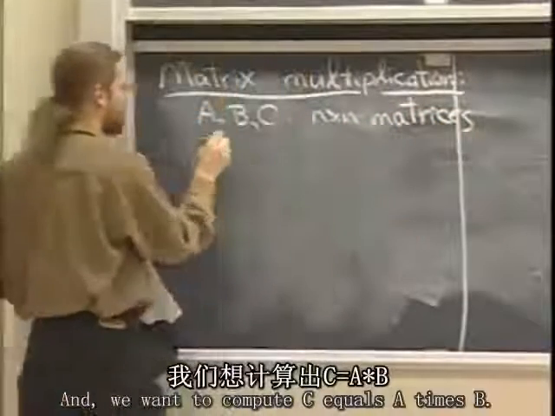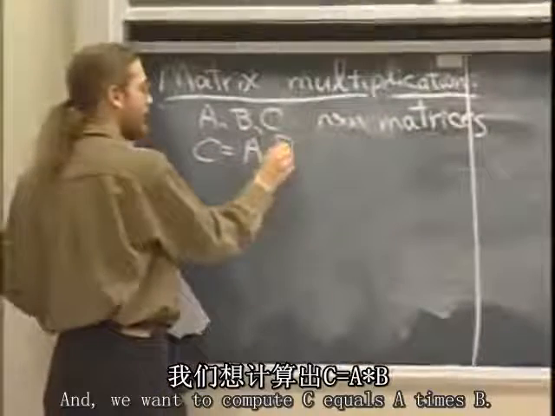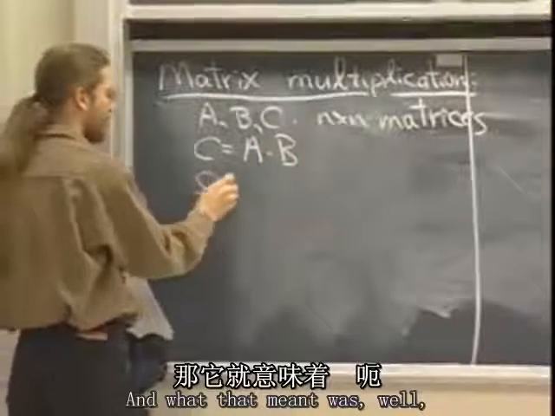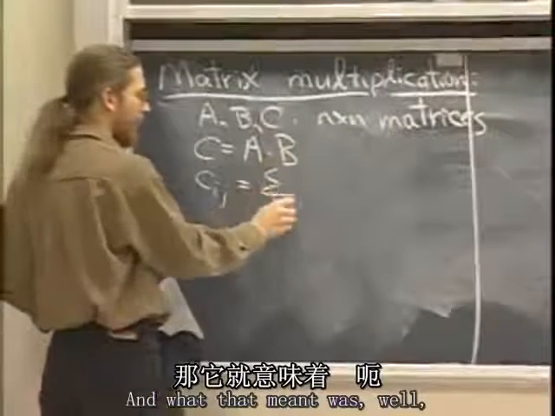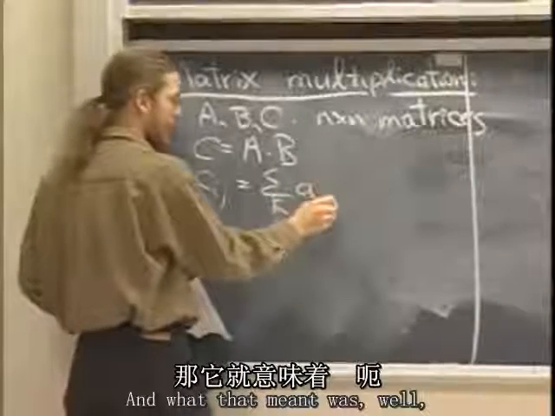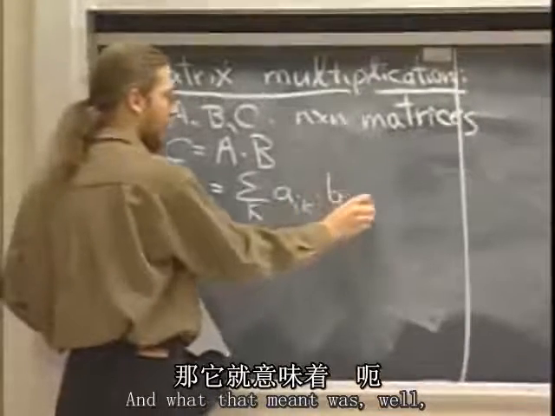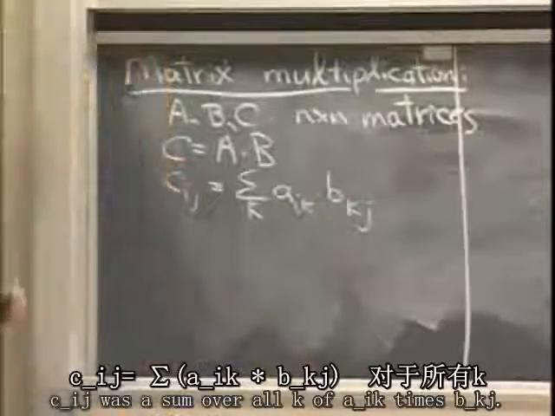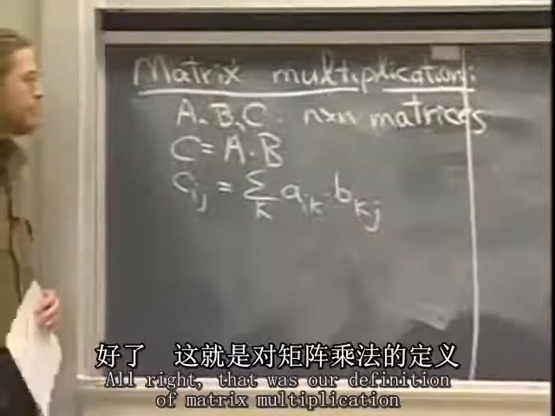And we want to compute C equals A times B. And what that meant was, well, Cij was a sum over all k of Aik times Bkj. Right, that was our definition of matrix multiplication.